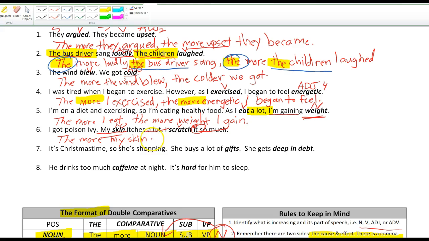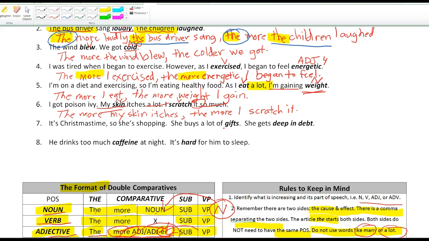The more my skin itches, the more subject I, verb scratch, and then yes, we do keep it. Sorry about the confusion there. I had forgotten this sentence. The more my skin itches, the more I scratch it.